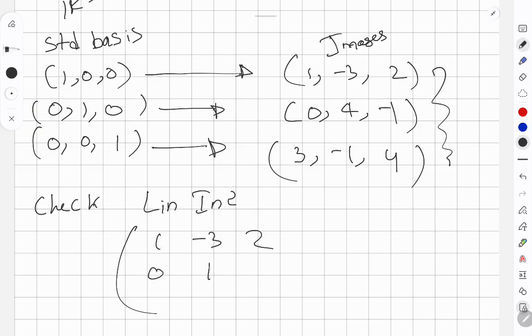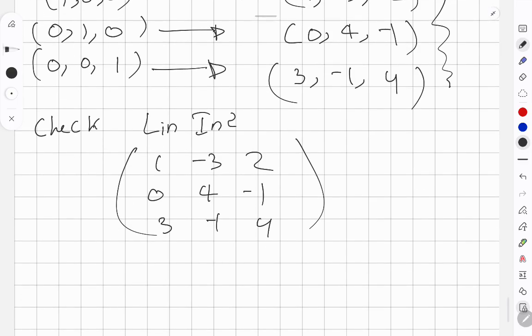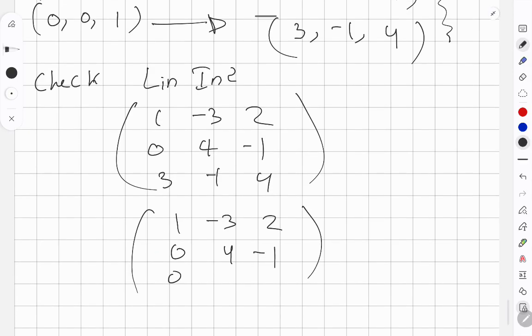So (0, 4, -1) and (3, -1, 4). I can multiply by negative 3 and add it over here. So I will get (1, -3, 2), (0, 4, -1), and this one will be (0, 9, -2)... I am multiplying by negative 3 and adding it over here. This one will be 8, and multiplying negative 3 here gives negative 6 plus 4, which is negative 2.